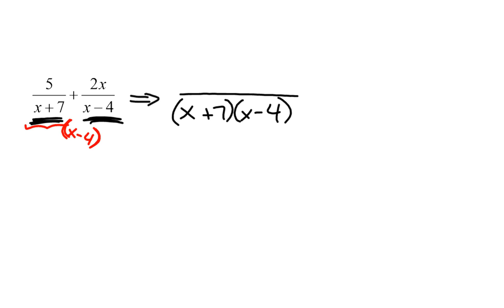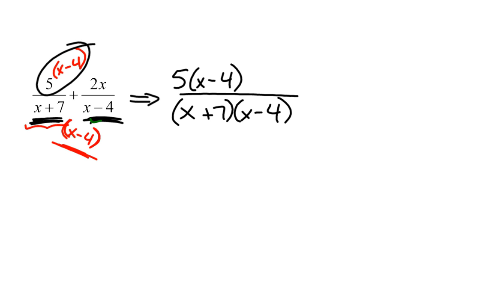So I need to multiply the denominator by x minus 4 to put it in as the common denominator. But if I'm going to change my denominator, whatever I do to the bottom, I have to do to the top with fractions to maintain equivalence. So I'm left with 5 times x minus 4 as my first numerator calculation.